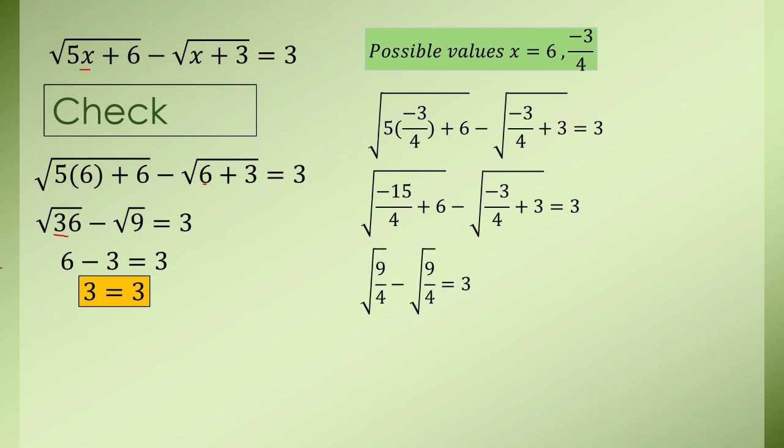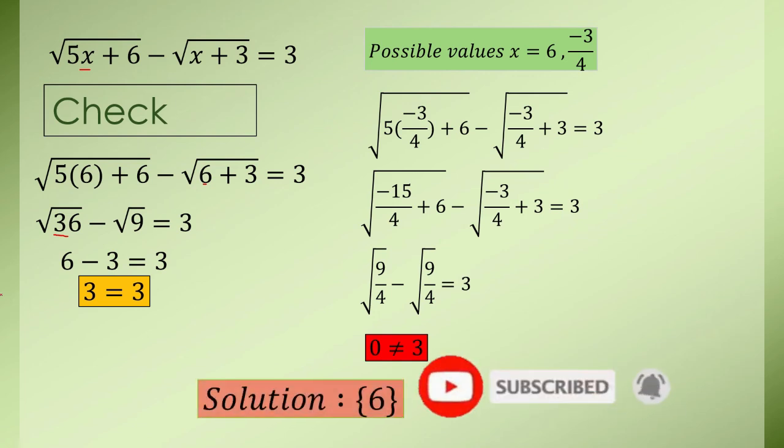You do the operation here. Now square root of 9 over 4 minus square root of 9 over 4 is 0. And 0 is different than 3. Then it does not satisfy my equation. Only one solution, x equals 6.